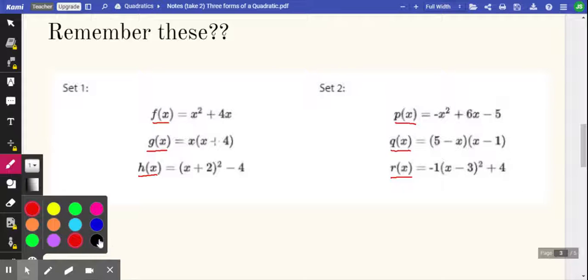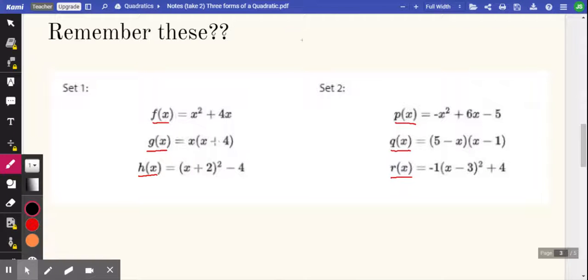So our wonder about that, if I separate these two so you can see them, set 1 is all the same equation. It's just written in 3 different ways. And I can kind of see this quickly with this one. If I were to multiply this together and distribute, x times x would give me x squared.